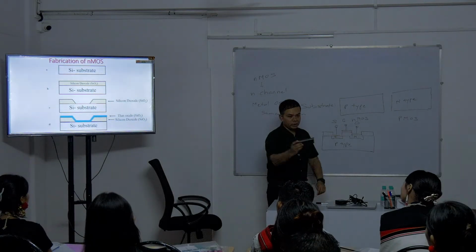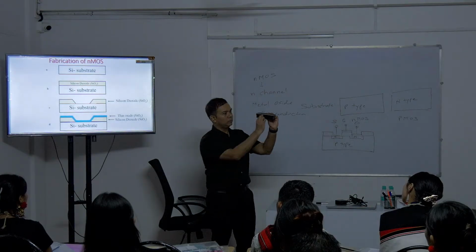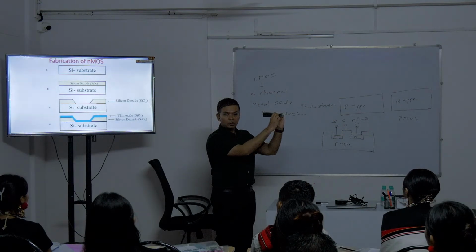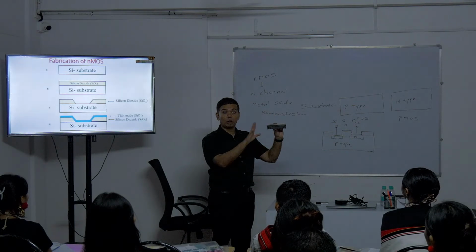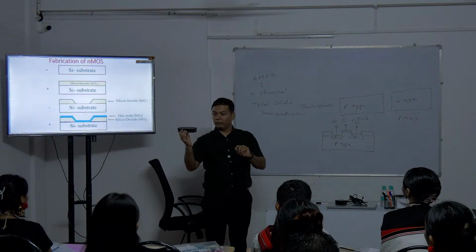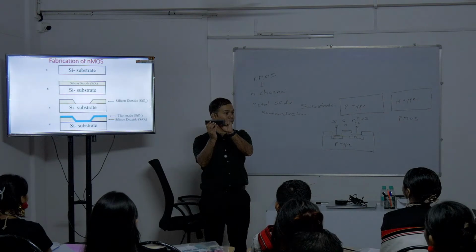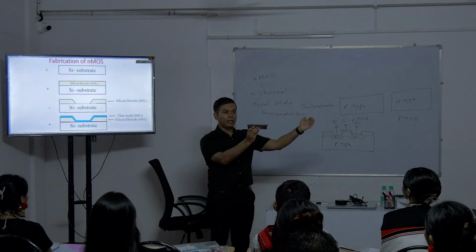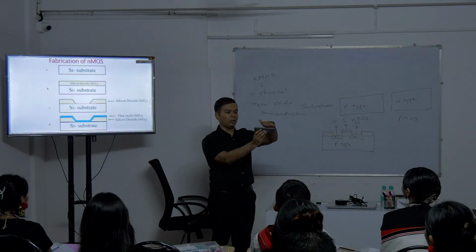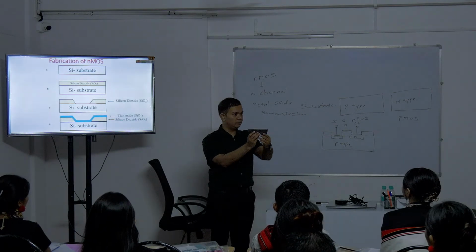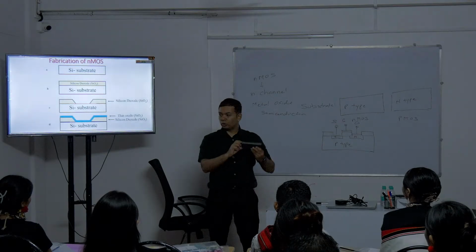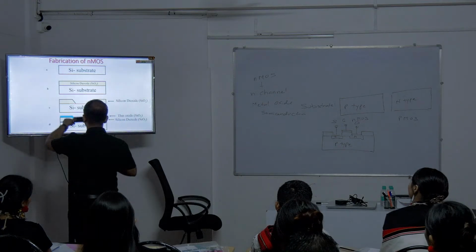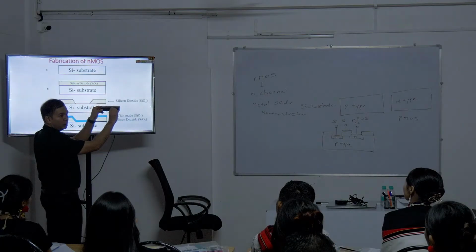Initially just consider that this black portion is the silicon substrate. The top portion initially will not be there. But when I put this black portion into the room and put a lot of oxygen on there, an oxide layer will be formed on top of it, so I get this thick layer of silicon dioxide on top of the substrate. Initially we only have the black portion.